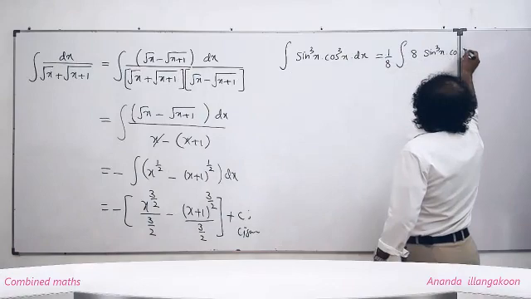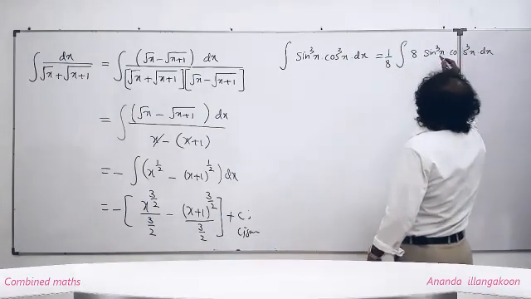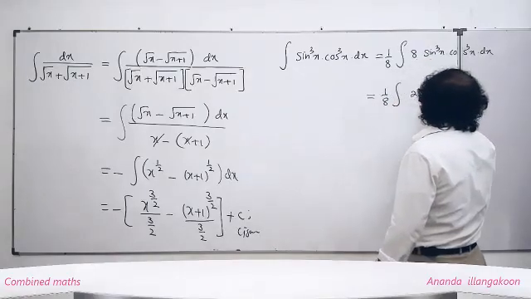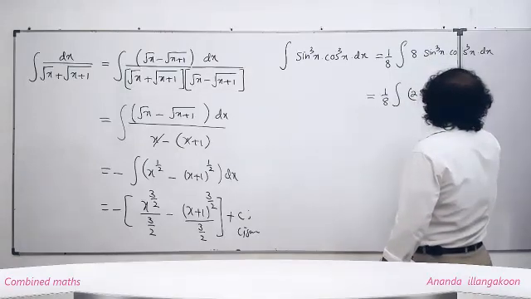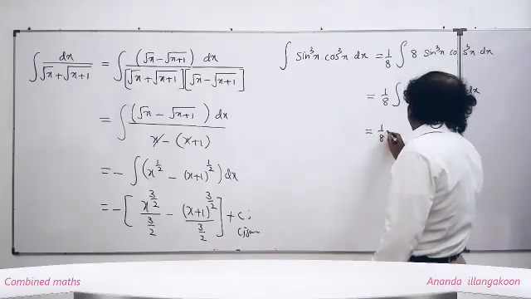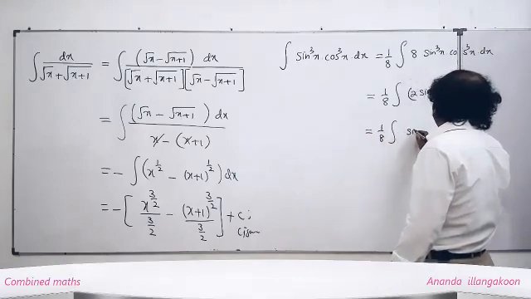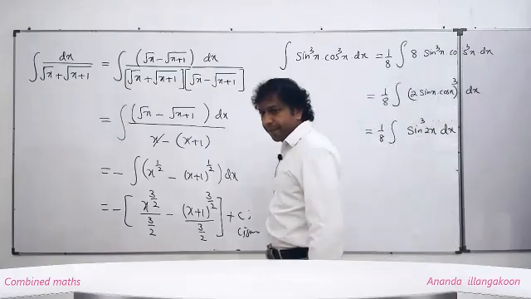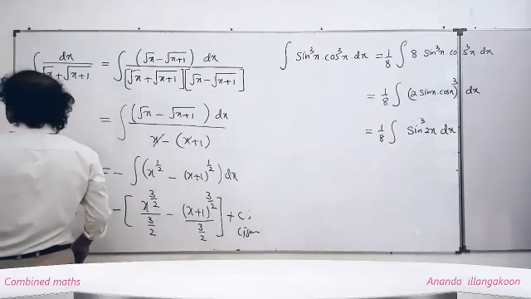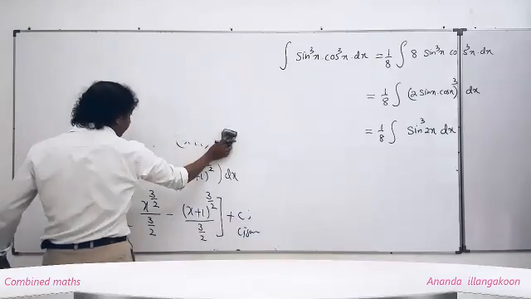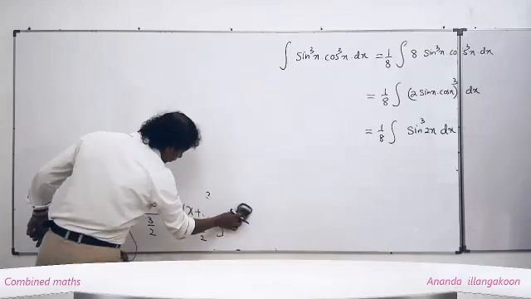Sine cube x cos cube x dx is 1 upon 8 times 2 sine x cos x to the power 3, since 2 to the power 3 is 8, dx. 2 sine x cos x means sine 2x, and that to the power 3 means sine cube 2x dx. Something like this you get.